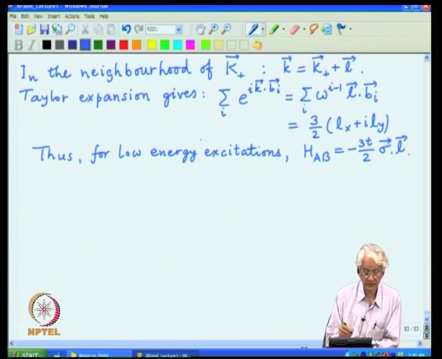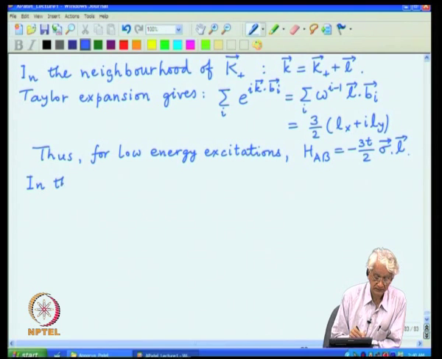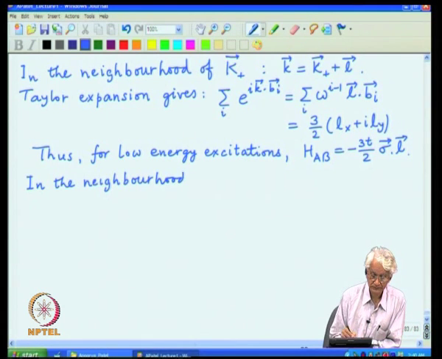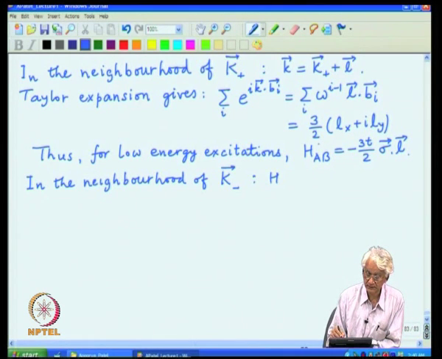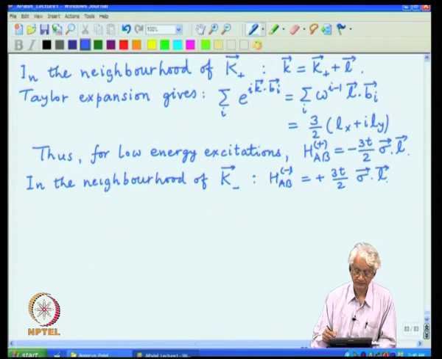And one can work out the other neighborhood, the point k minus, and then one has the same Hamiltonian, but with opposite sign, and that corresponds to the chirality being opposite at the 2 points k plus and k minus.